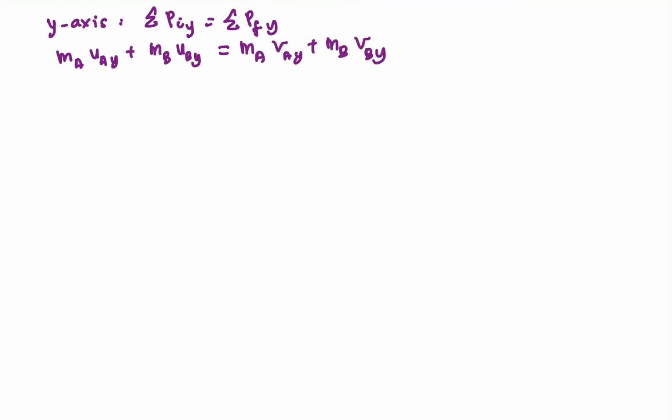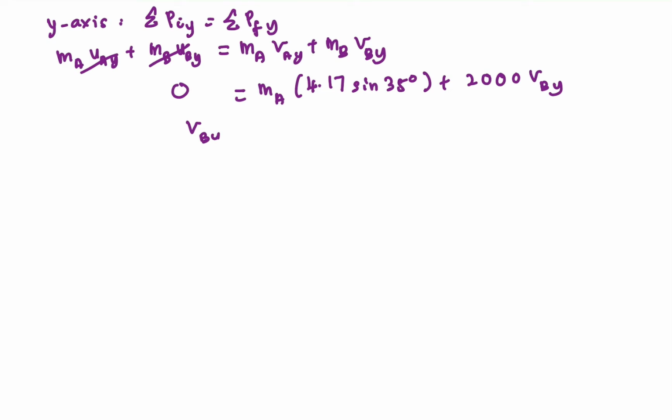Okay, for initial it will be 0, and then for final m_a v_a y will be 4.17 because it is upward, sine 35 degrees, and then plus 2000 times v_b y. Okay, so what do you have here? You will get your v_b y is negative 1.79 meters per second.